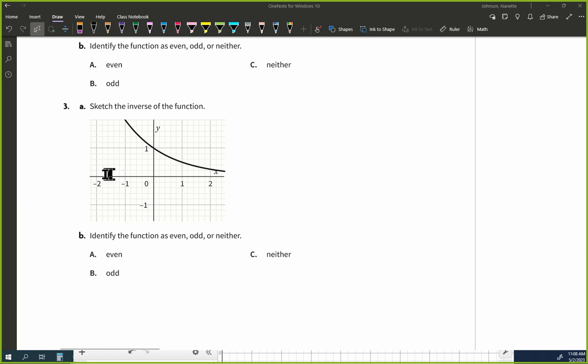When I go to the left 2, it's not this little guy. So it's not even. Is it odd? Is this odd? Yeah, the answer is no. If I go right 2, and then go left 2, I don't go down. So this is neither.